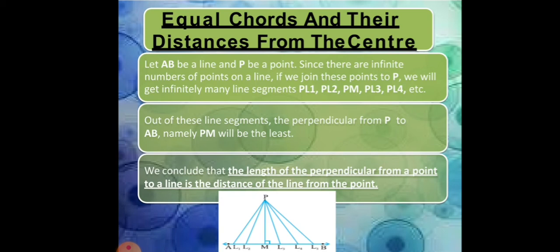Now next is the equal chords and their distance from the center. Let AB be a line and P be a point.